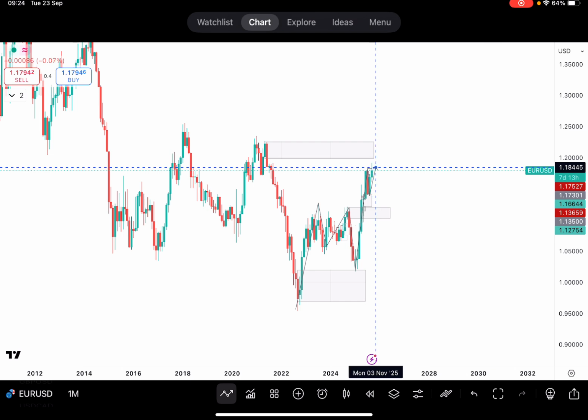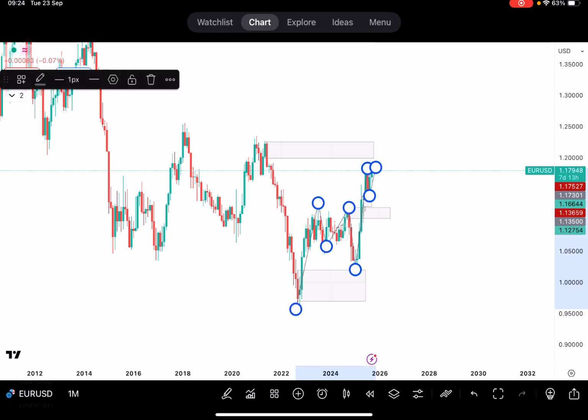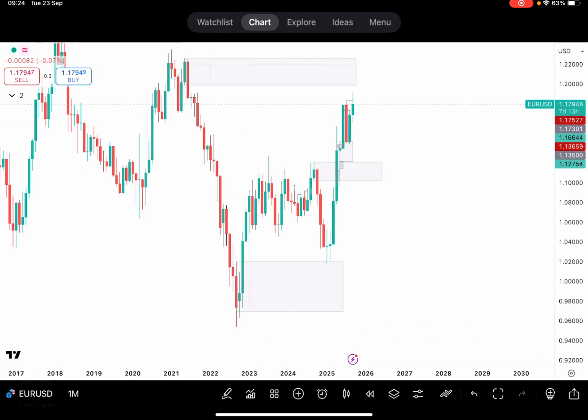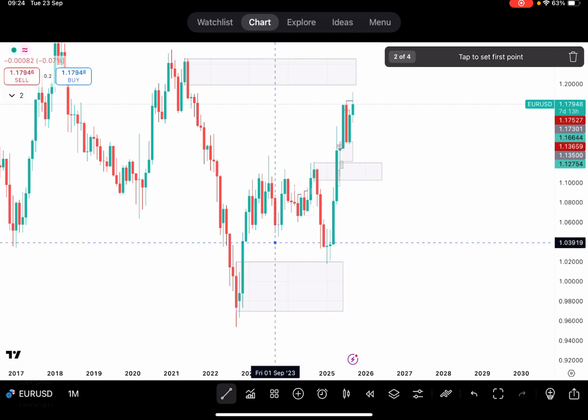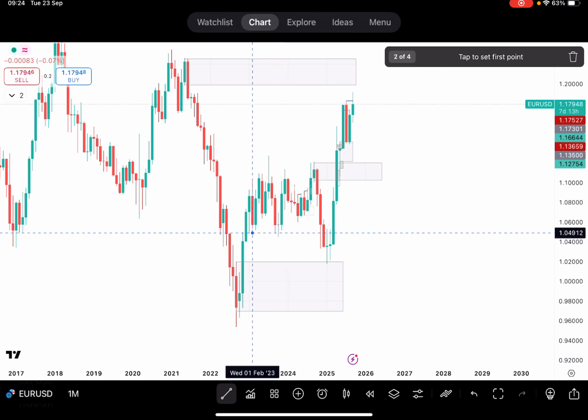So that's it for that. So we are bullish as well on this. So where's our liquidity? Our liquidity here is, we have this as a liquidity, we have these as liquidity.